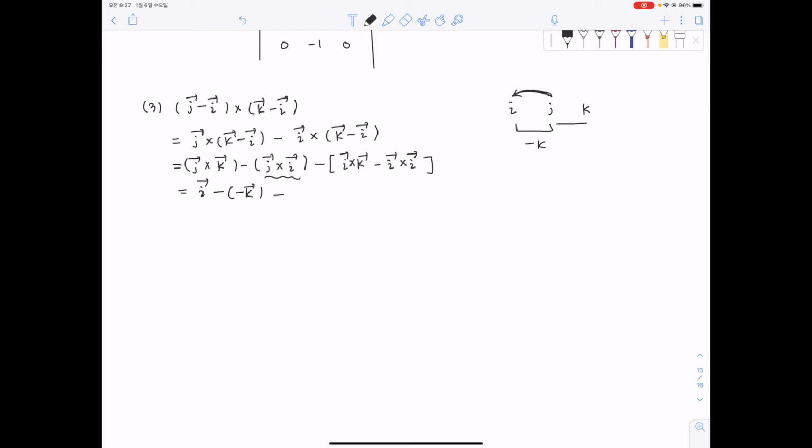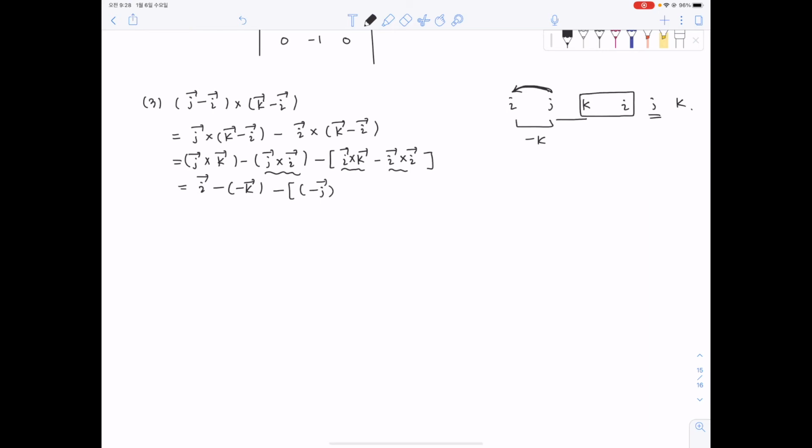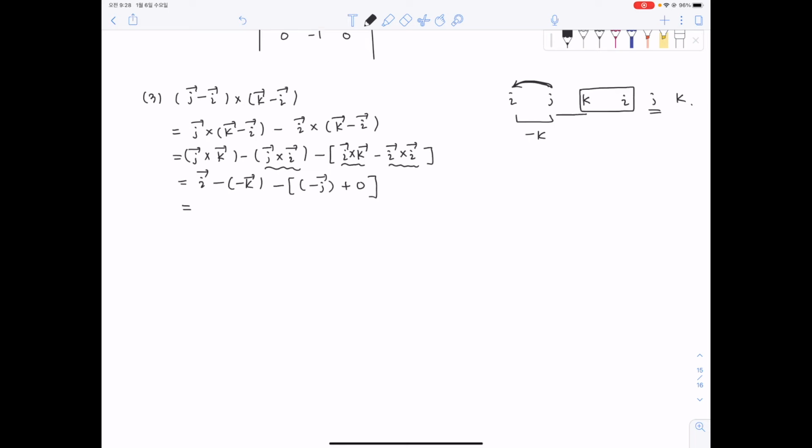And i times k, you can see like this. k times i is j, so i times k is minus j. And this is just 0, we know that, because it is the cross product with itself. So it is i plus k plus j, right?